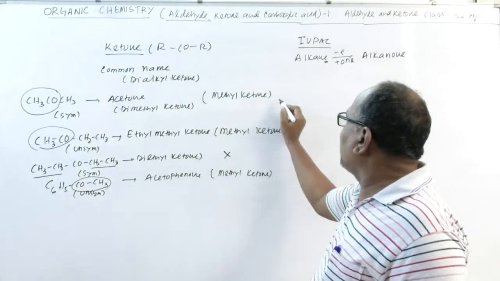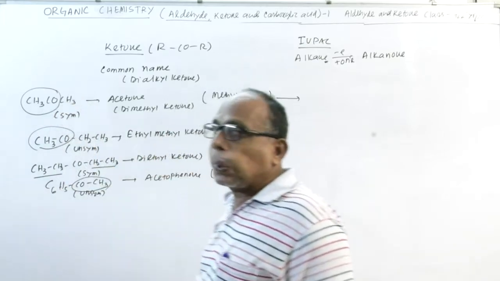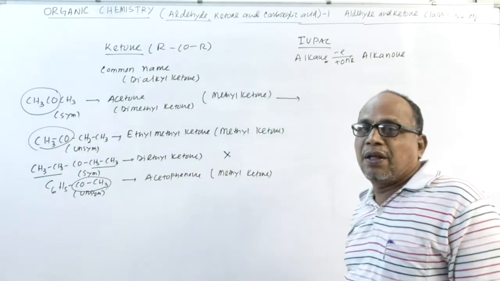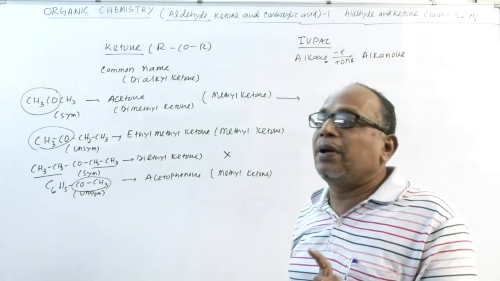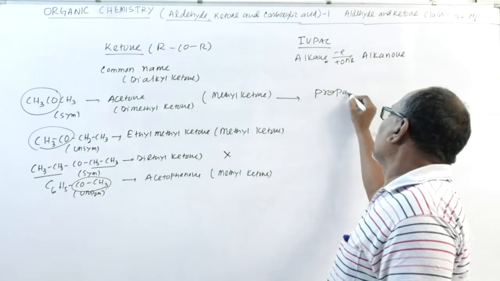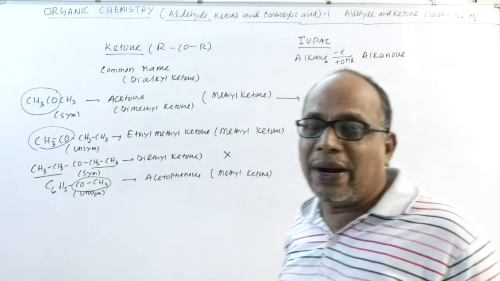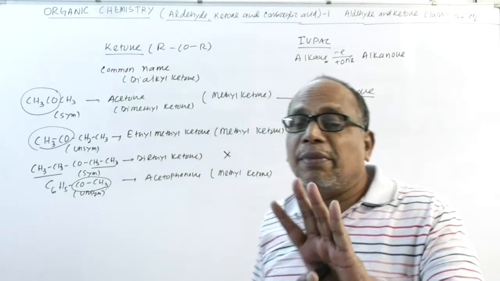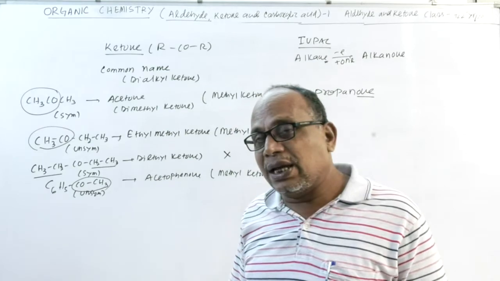So what is the name of this one? It contains 3 carbon atoms, 1, 2, 3. What is its IUPAC name? The alkane is propane. From propane it became propanone. What is propanone? Because the molecule contains 3 carbon atoms, that's called propanone.